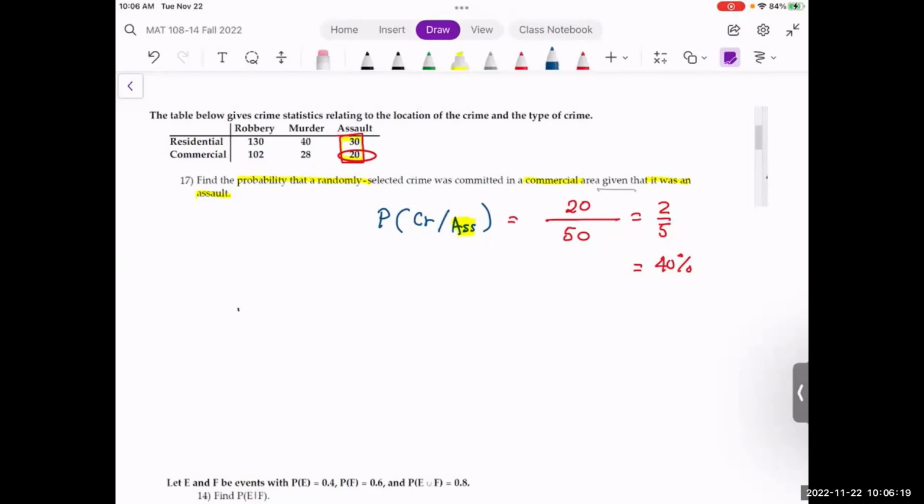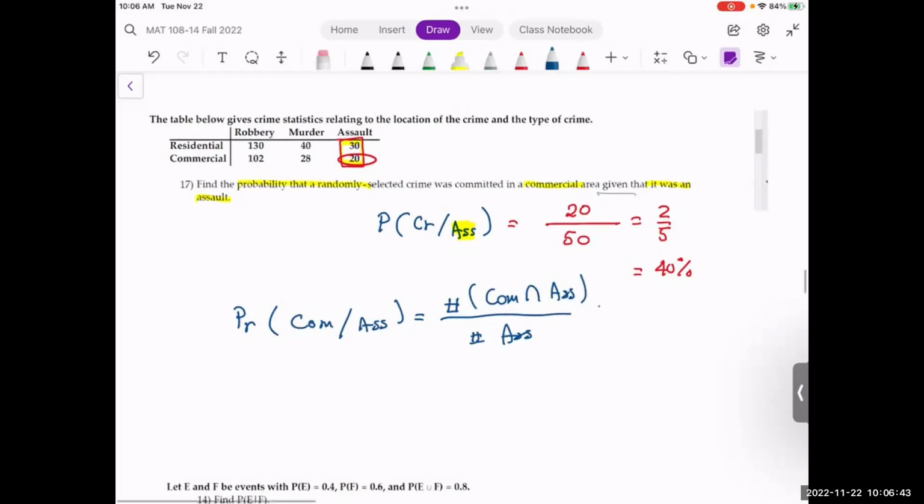All right, the probability of commerce given it is an assault is going to be the number of commerce and assault divided by the number of assaults.